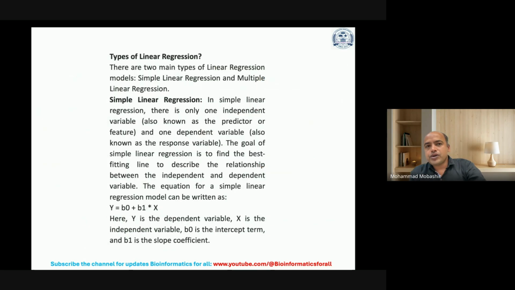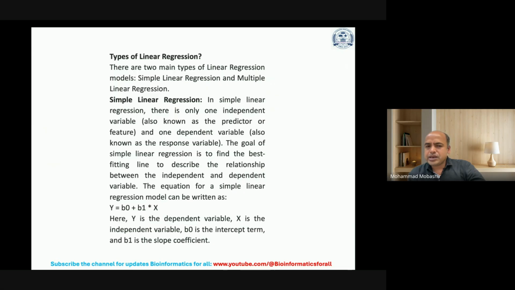Now, types of linear regression. As I mentioned, there are different types of linear regression. One is simple linear regression, where there is only one dependent variable and one independent variable. The goal is to find the best fitting line to describe the relationship between the independent and dependent variables.